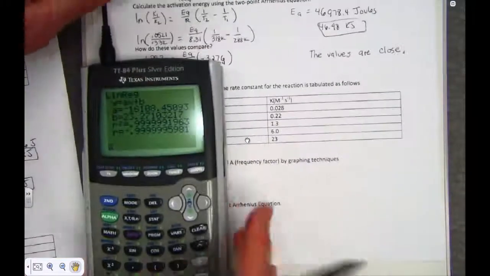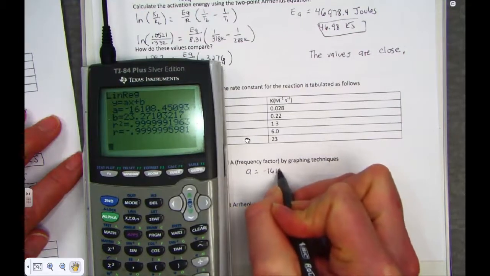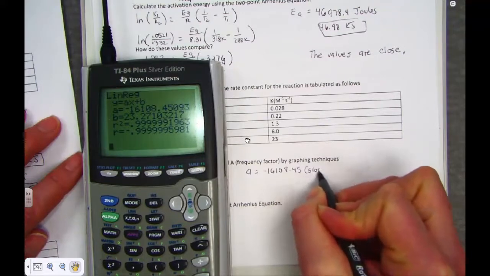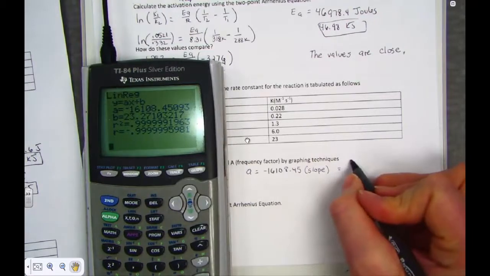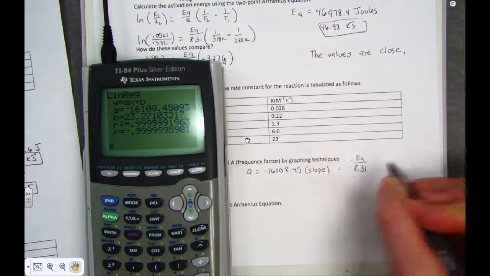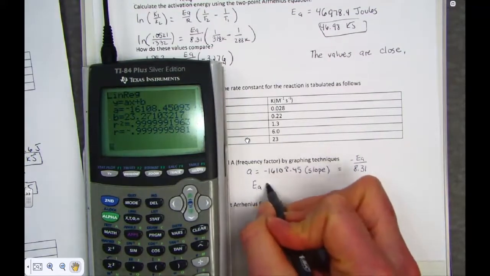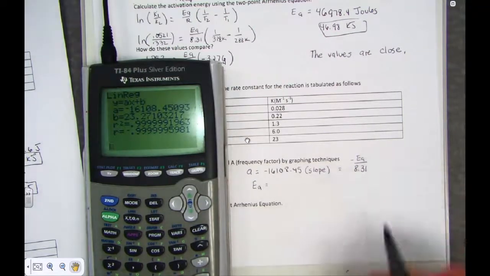We find from running the graph that A is equal to negative 16108.45. Remember, that's the slope of our line. The slope is equal to negative EA over R. R is our constant, 8.31. So to find activation energy, I type in the slope times 8.31, and knowing that activation energy will always be positive, it's an energy barrier.